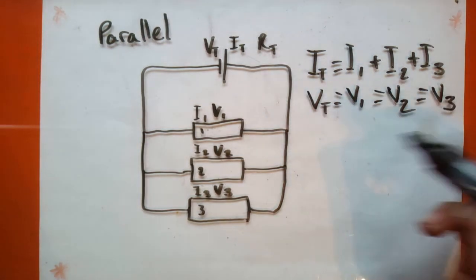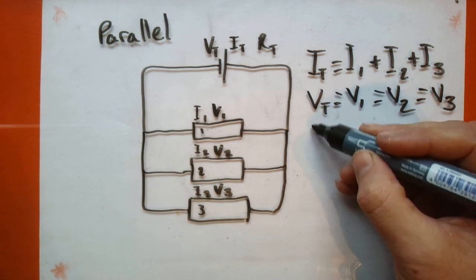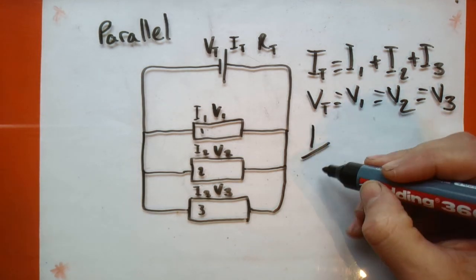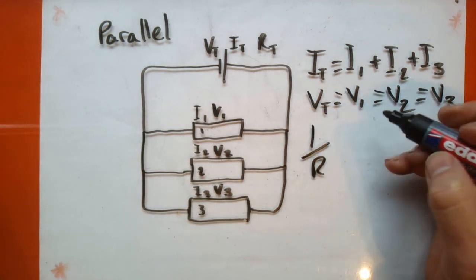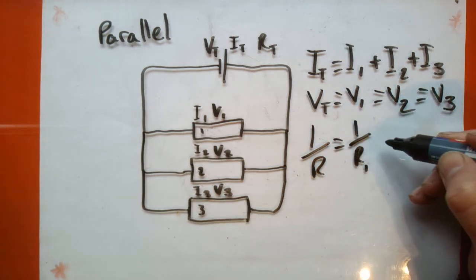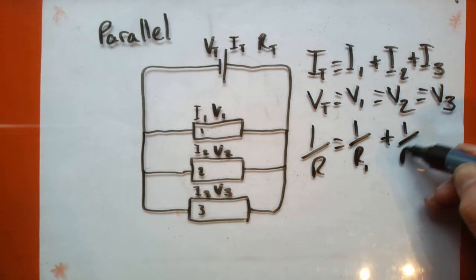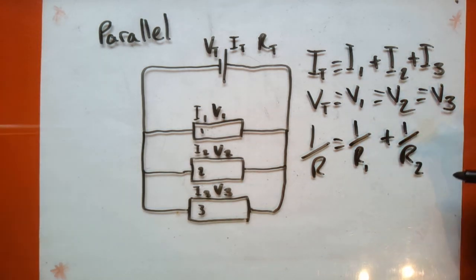Now, if we're talking about resistance, this is where it gets slightly more complicated. In order to calculate the total resistance of two resistors connected in parallel, we use this equation: 1 over total resistance equals 1 over resistor 1 plus 1 over resistor 2.